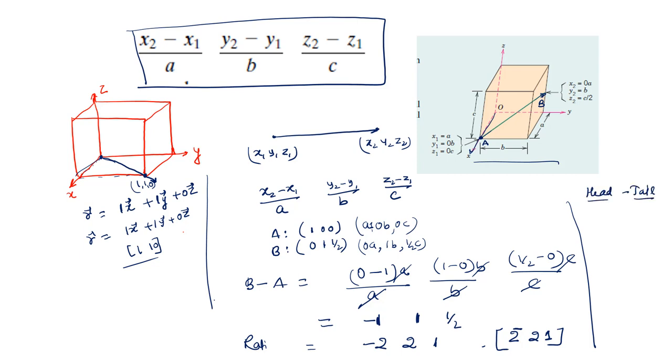This is your head, this is your tail. So take the head coordinate, the coordinate of that point, minus the tail coordinate, and you will get the value from there. This is the Miller indices in the case of the normal cubic one. We'll discuss the hexagonal in the next class. Okay, so thank you.